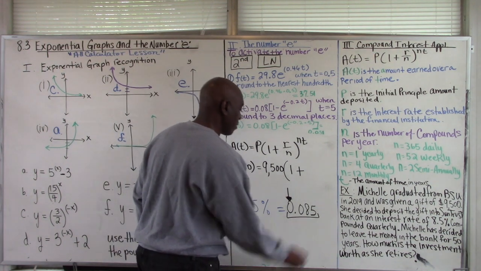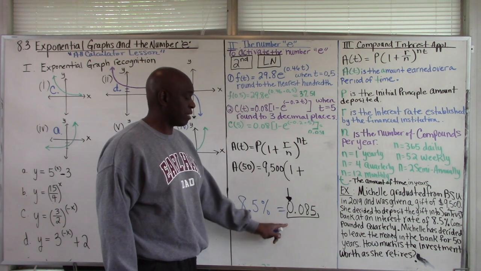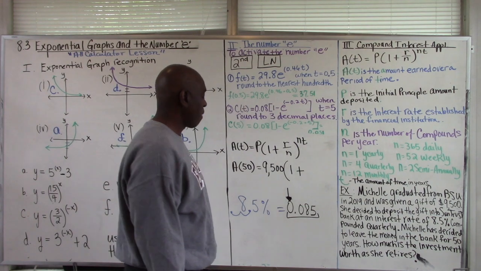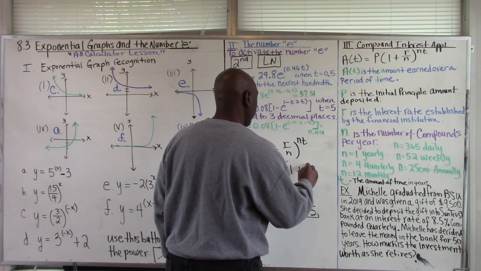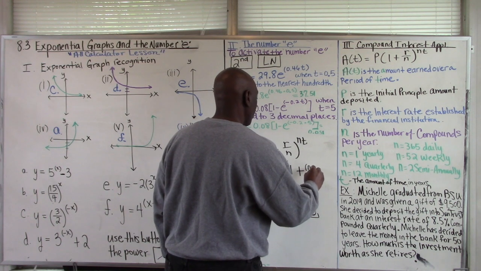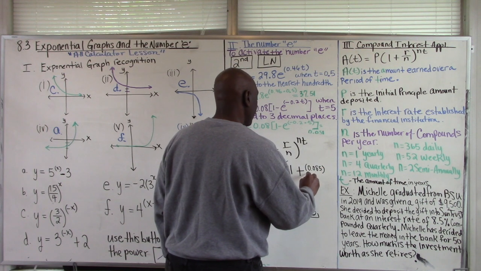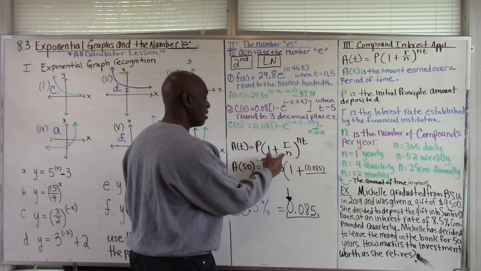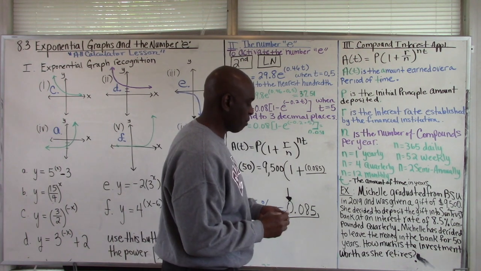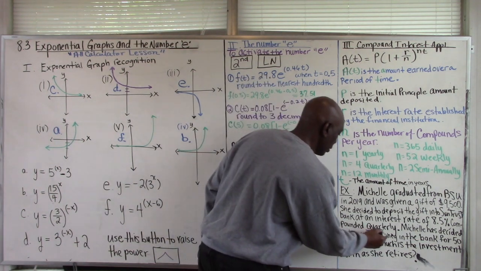So this is what our r is, this amount right there. Don't write it like a percentage; you have to write it like a decimal. All right, so we're going to have 0.085 divided by n. What is n? Where's the compound? Oh, it's compounded quarterly.